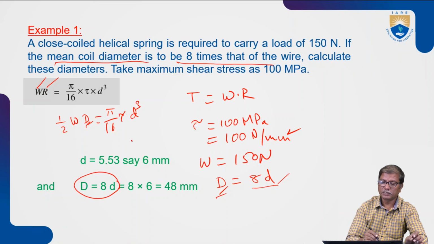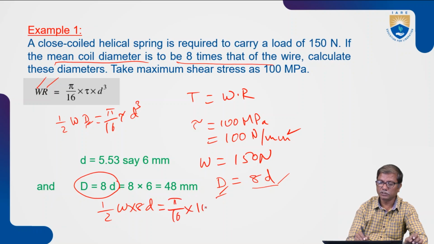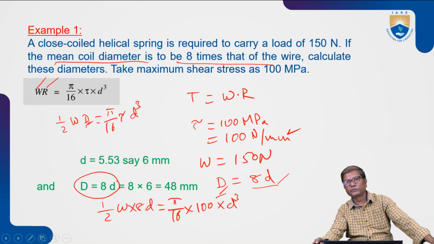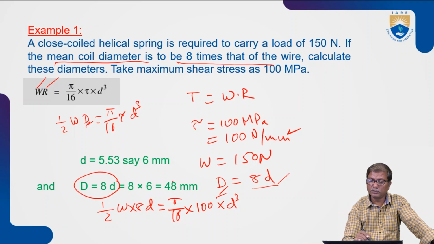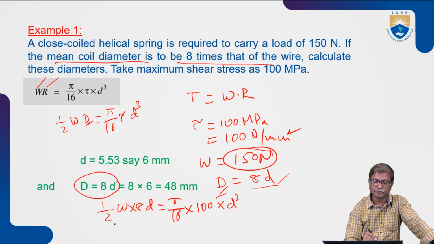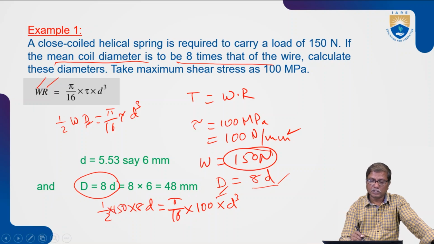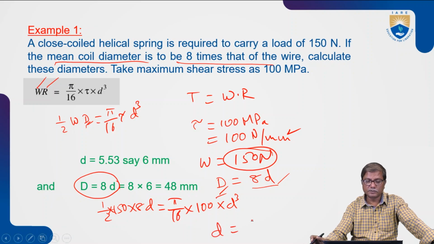So here half W into 8 times small d is equal to pi by 16 into 100 into small d cube. W is known, W is given already. What is the load? 150. So we replace W here by 150. So you can now find the diameter d from this.